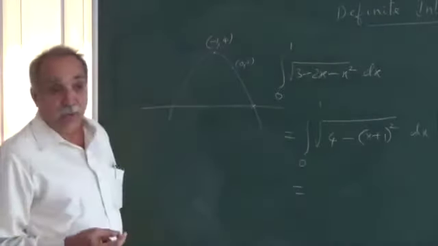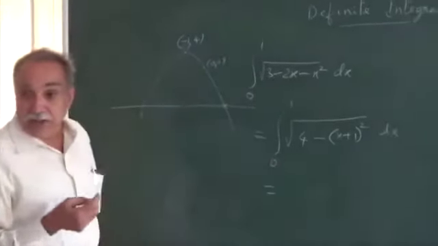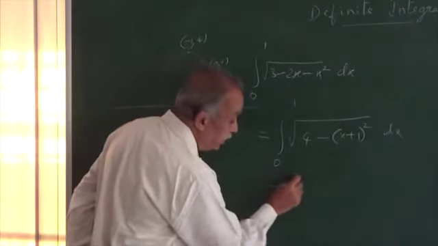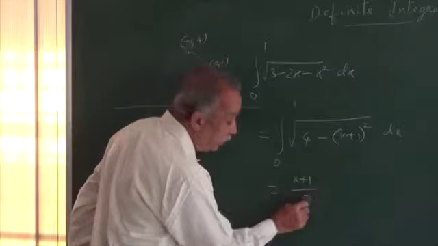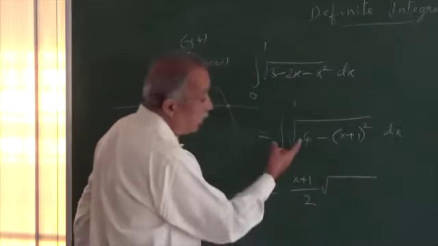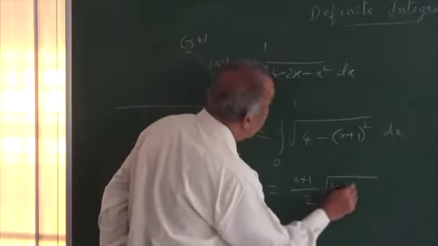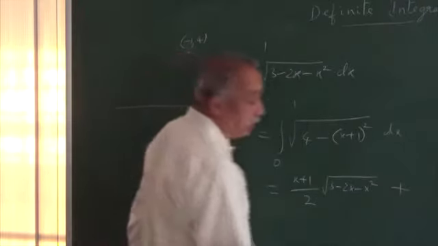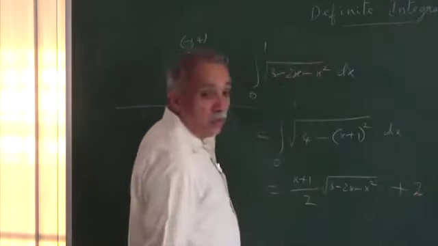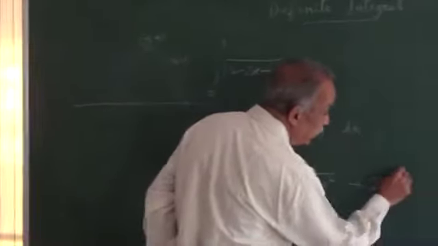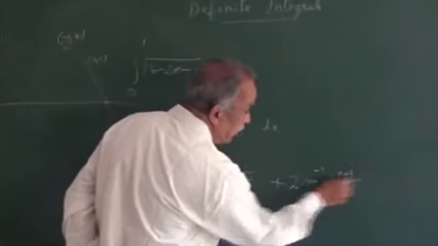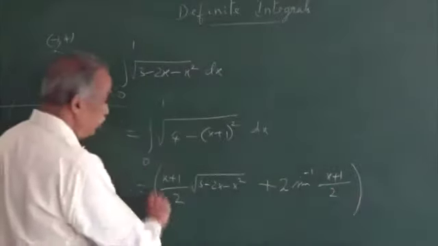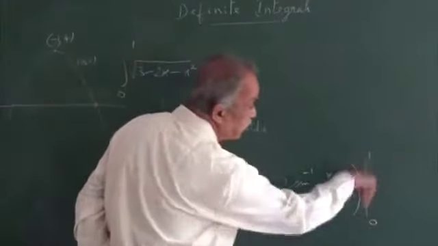Applying the corresponding formula for integral of root a square minus x square dx, I get x plus 1 by 2 into root of 3 minus 2x minus x square, plus a square by 2, 4 by 2, 2 into sine inverse of x plus 1 divided by a, which is 2. The expression is to be evaluated between the limits 0 and 1.